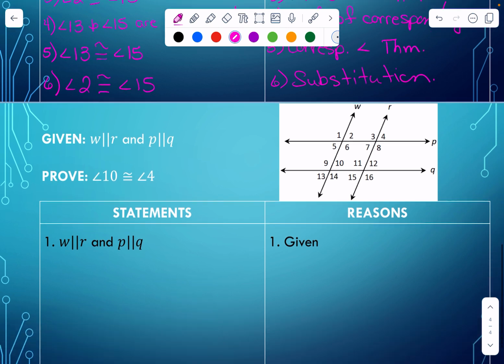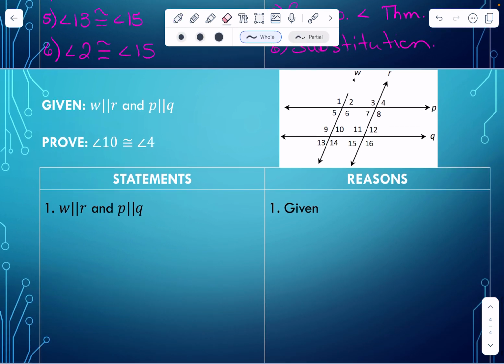Okay, let's try another one. Here again, we start off with W parallel to R and P parallel to Q. Sorry, I think I said W is congruent to R. That's not true. They are parallel. I apologize for that.